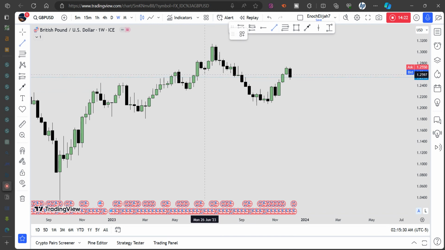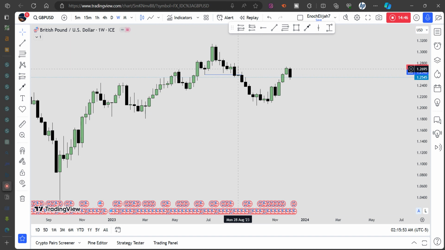Let me show you an example again. When price broke this low and closed below it right there this week, that was when price shifted from bullishness to bearishness. And ever since then, we have been selling this market. That was since August 28th of this year.